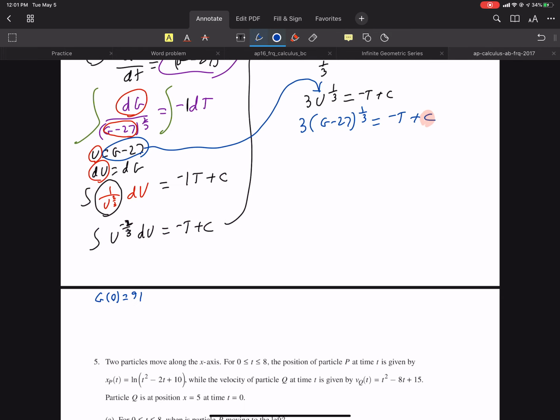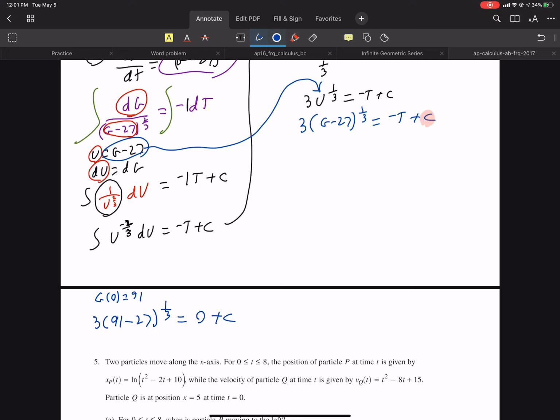So I'm going to plug into the equation we just found 0 and 91. 3 times 91 minus 27 to the 1/3 equals 0 plus c. Hey, I found my c. My c is that weird thing.